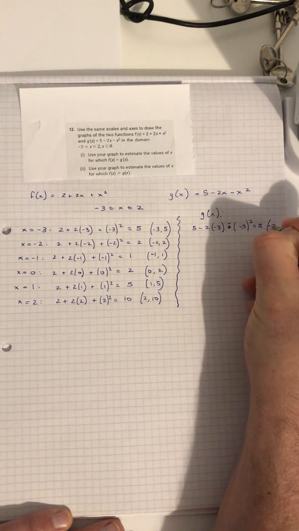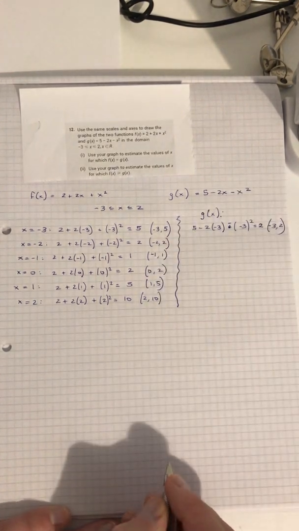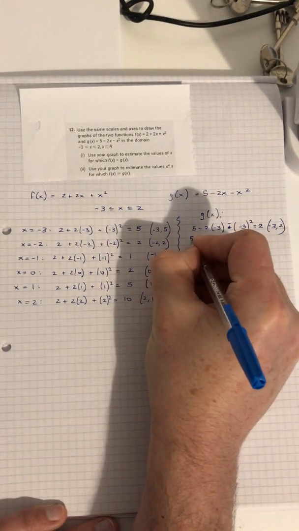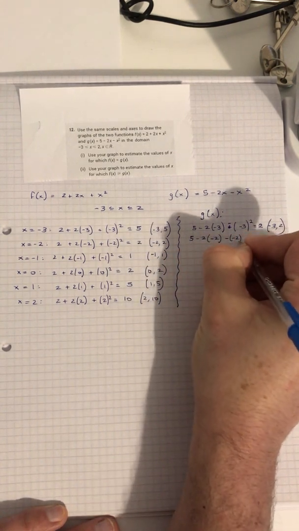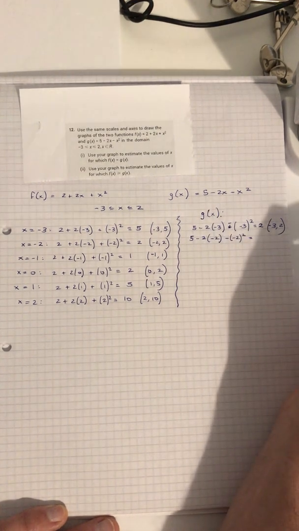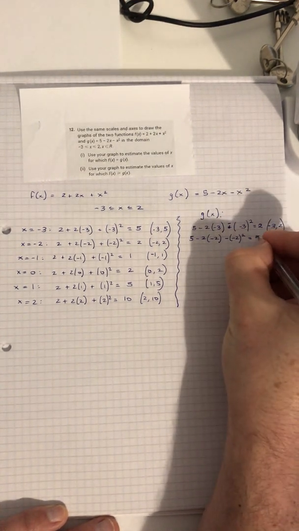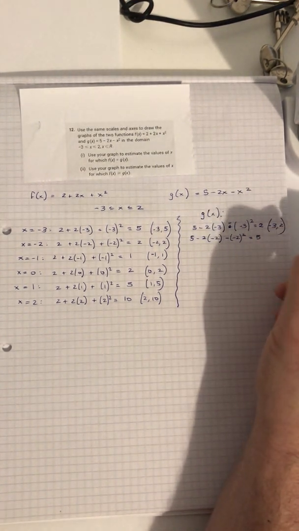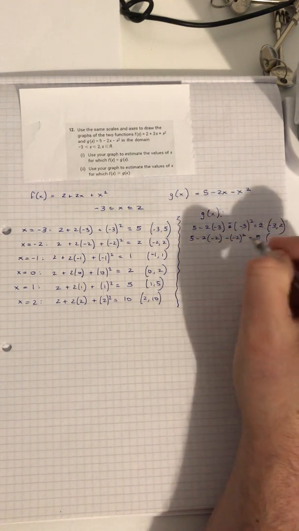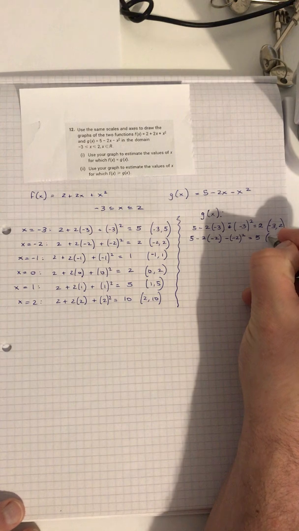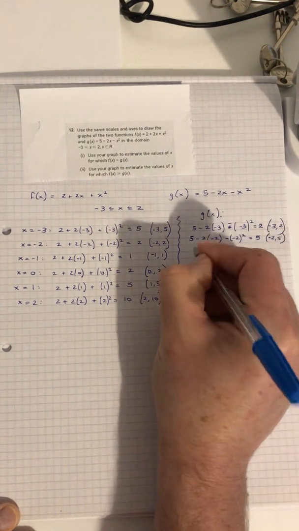So minus 3, 2. 5 minus 2 times minus 2 minus minus 2 squared, which is equal to 5. So minus 2, 5.